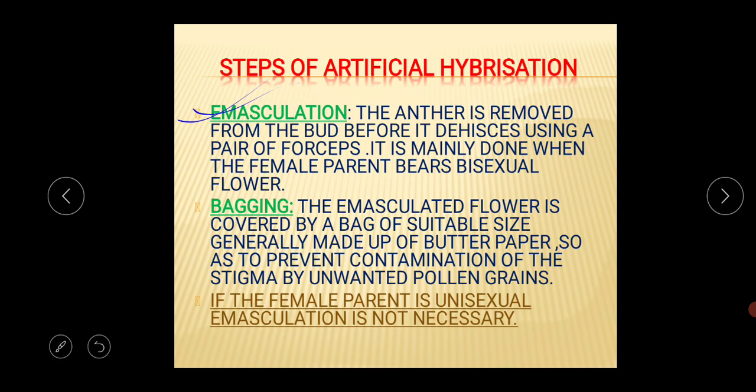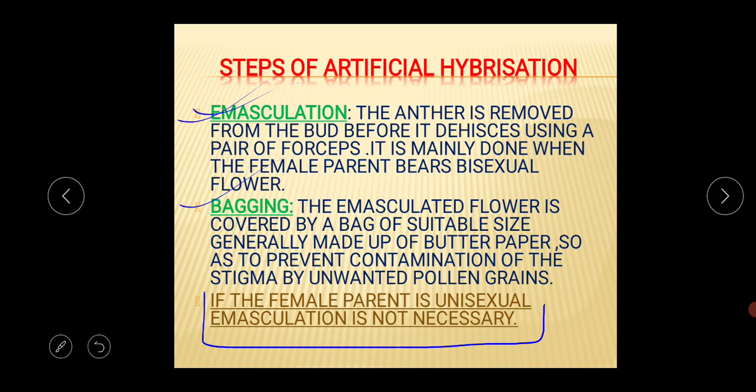Next thing is bagging. What happens in the case of bagging? The emasculated flower is covered by a bag of suitable size, generally made of butter paper, so as to prevent contamination of the stigma by unwanted pollen grains. If the female parent is unisexual, emasculation is not necessary.